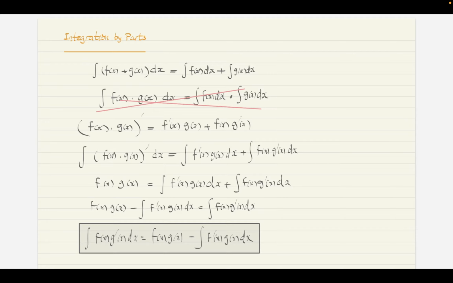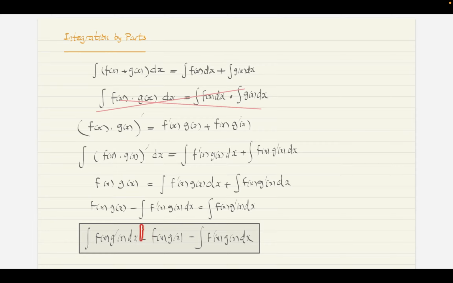If you look into this formula, you will see something interesting. The prime is on g, but on the right hand side there is no prime on g, there is a prime on f. So somehow I can flip the prime sign from g to f, but there are two prices that I have to pay. First of all, this minus sign. And the second is that I also have to consider this product.